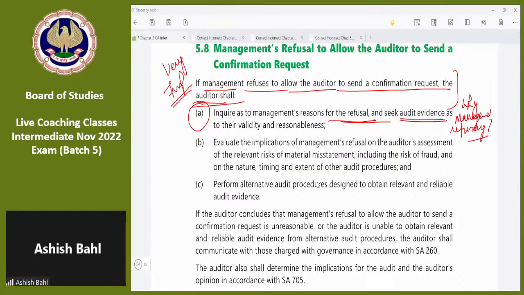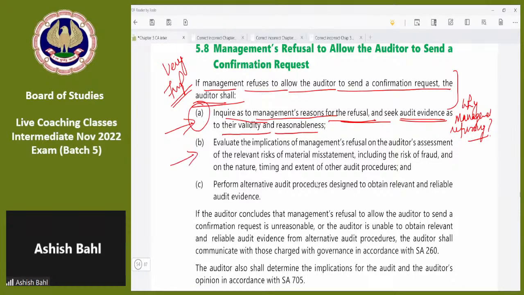So this is what is being taught to you: in such a case, what would happen if management does not cooperate with the auditor in allowing the auditor to send a confirmation request? So the first thing would be that the auditor would be inquiring.